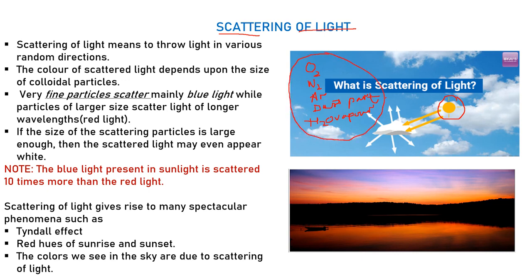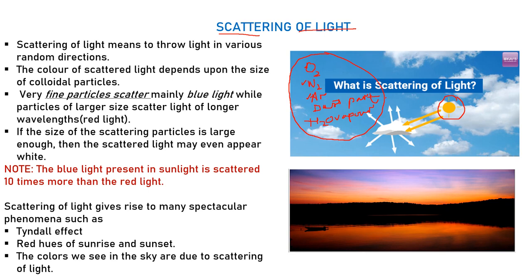Now can you tell me which will be on the top layer of the atmosphere? Of course, the lighter gases, oxygen, nitrogen, argon. Dust particles and water vapors, and the particles due to the pollution.